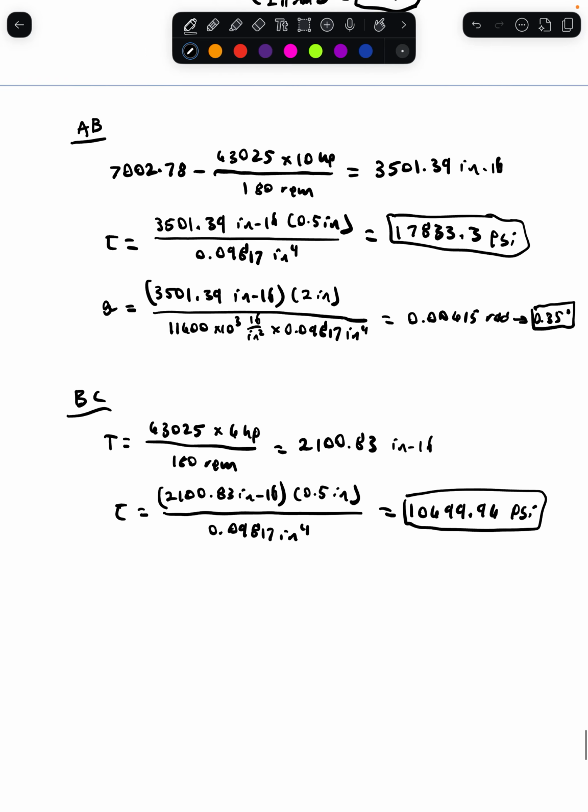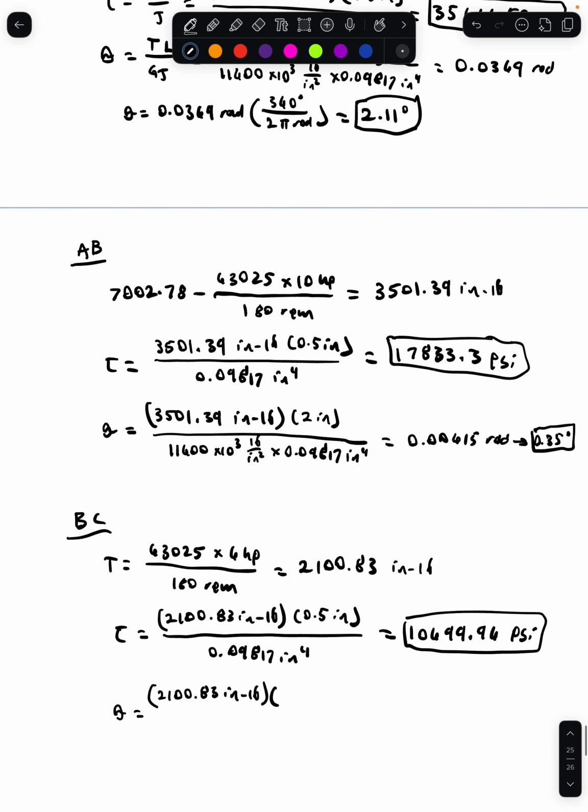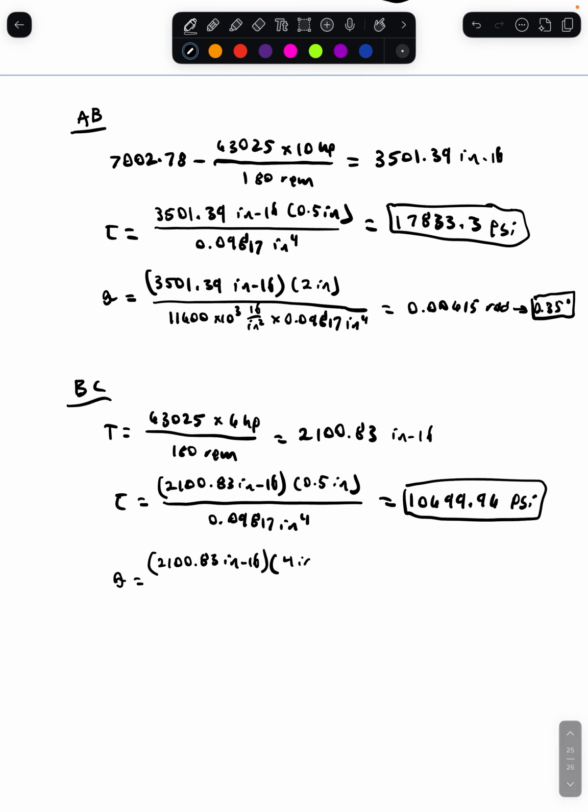So that makes sense. And our angle of twist, we're going to have 2,100.83 inch-pounds times the length of that section, which is 4 inches, divided by GJ, so 11,600 times 10 to the 3 pounds per inch squared, times 0.09817 inches to the fourth.